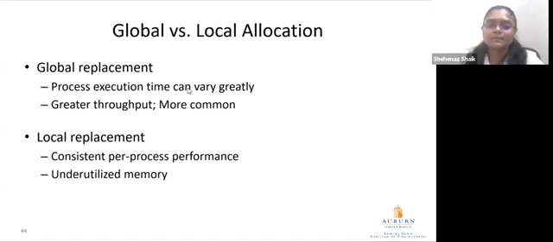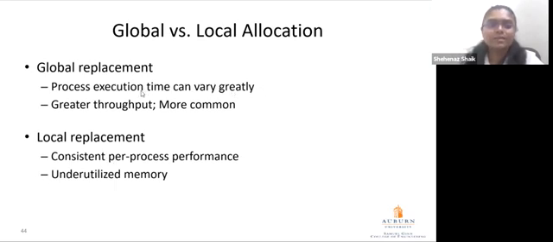Of course, it depends on the kind of accesses made by other processes as well. So the runtime of a process may vary greatly and may not be consistent.